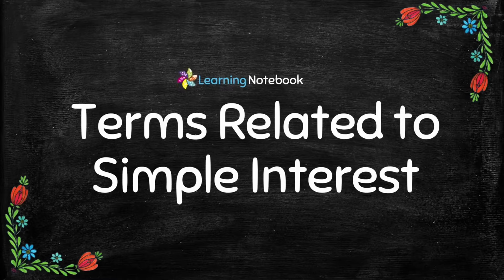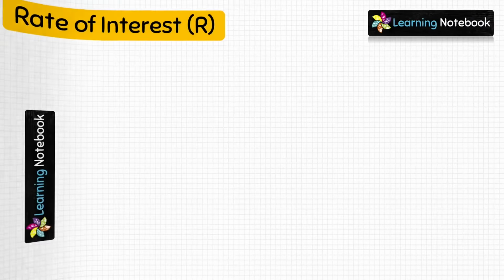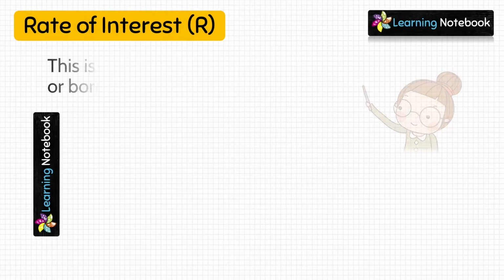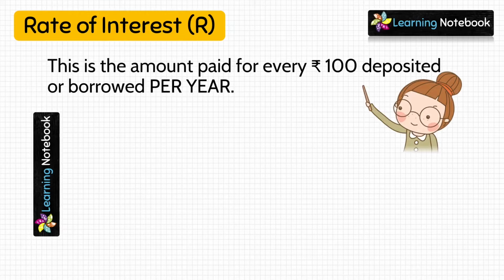Now we are going to understand different terms related to simple interest. So the first term is rate of interest, also written as capital R. This is the amount which is paid for every 100 rupees deposited or borrowed per year.